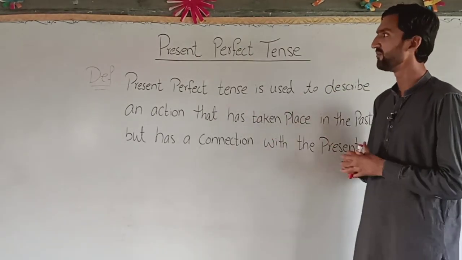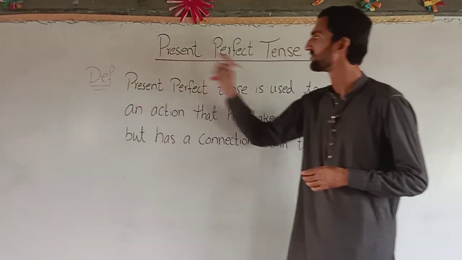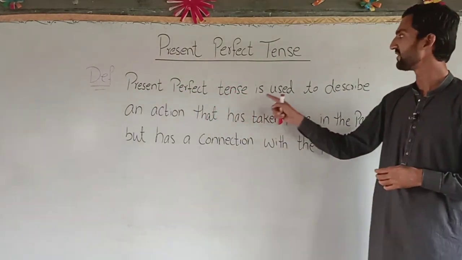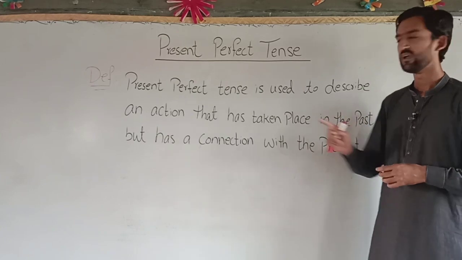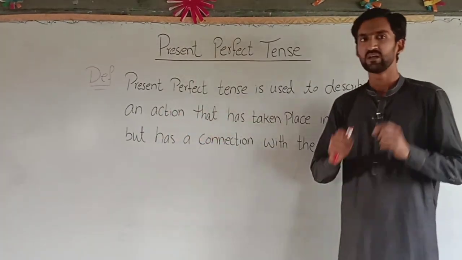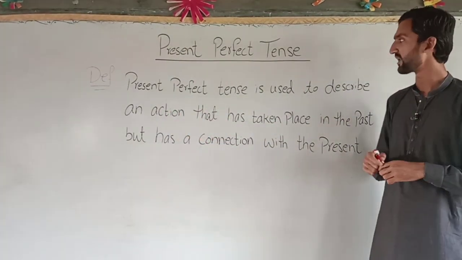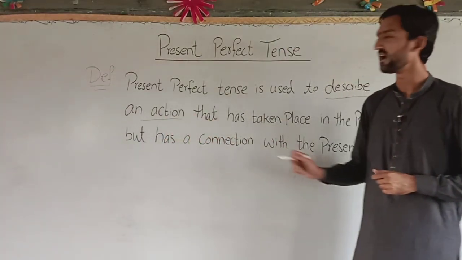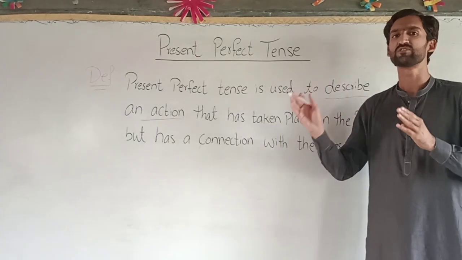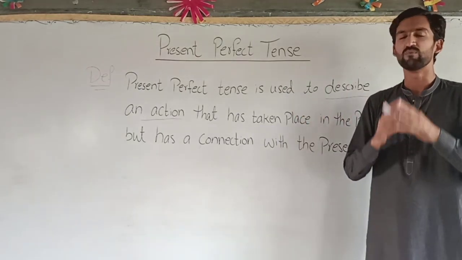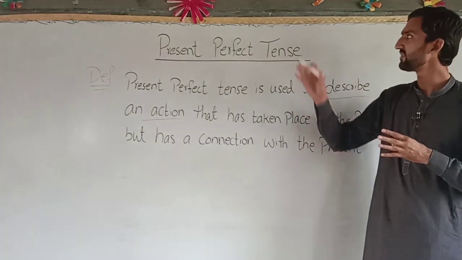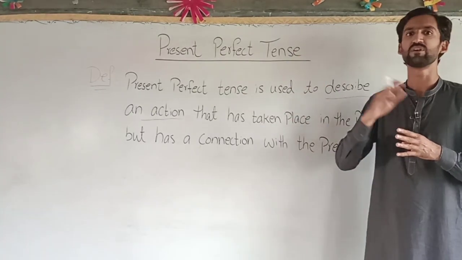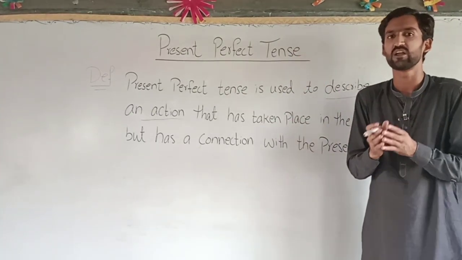So we start from the definition of this tense. Present perfect tense is used to describe an action. Like other tenses, it is also used to describe a certain action, because we know that verbs are relevant to tenses since they deal with the time when certain actions take place.